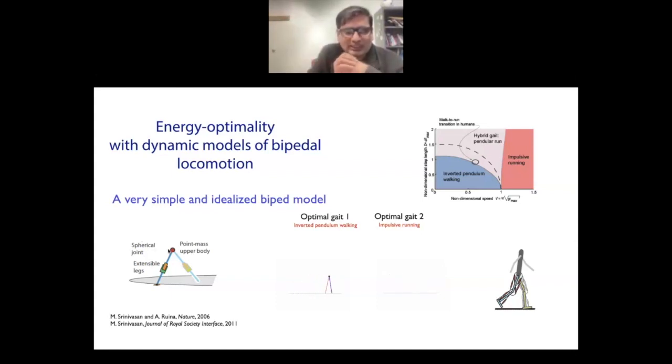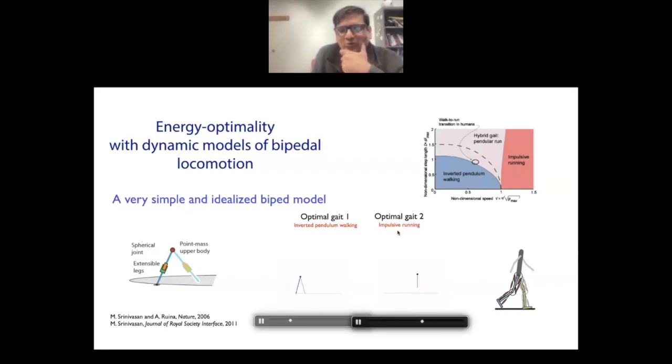You can describe a bunch of different complicated gaits, and then if you solve an optimization problem that asks for the energy minimal gaits from the space of walking or running or whatever gaits that are possible for the simple model, you get inverted pendulum walking at low speeds to be optimal, and then you get something that looks like impulsive running to be optimal at high speeds.